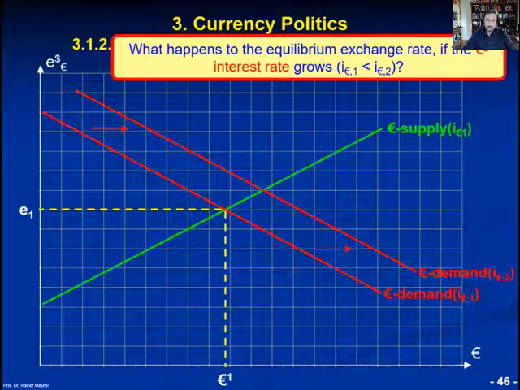Since less Europeans will now want to invest money in the USA because US interest rates are now less attractive than European interest rates, Europeans demand less dollar and therefore supply less euro to the foreign exchange market. Consequently, the euro supply curve shifts to the left.